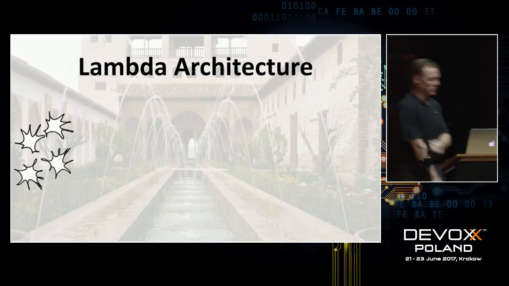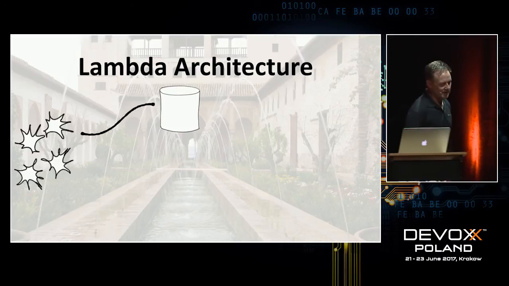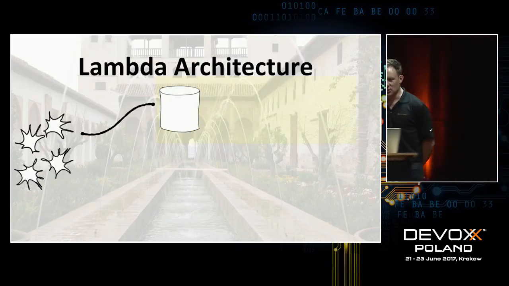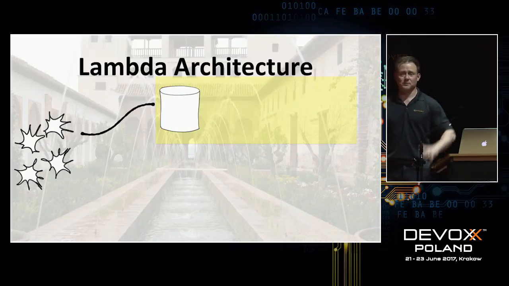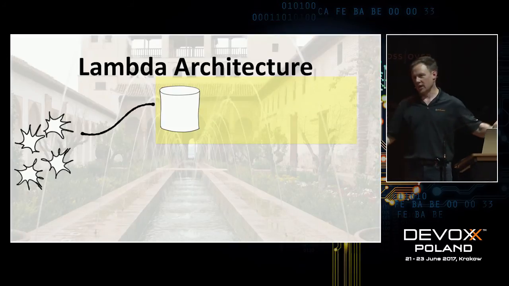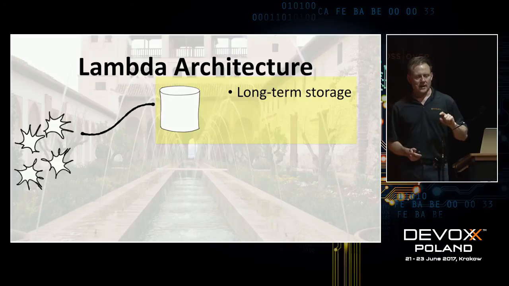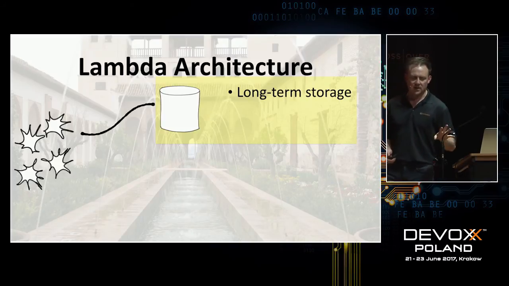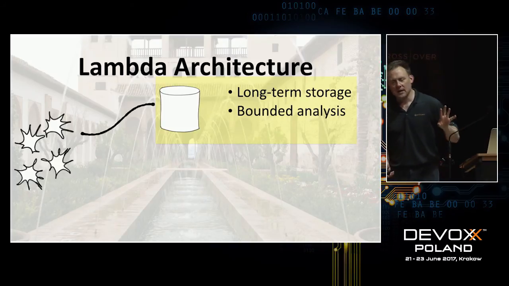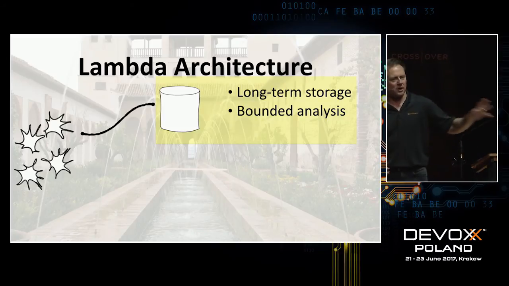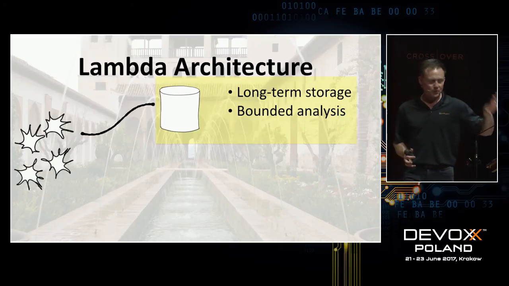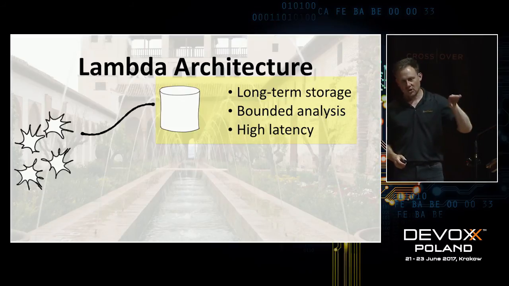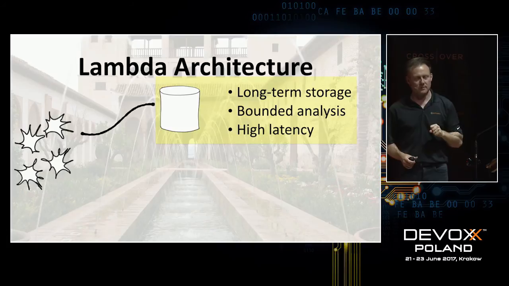So we've got these events in the world, and on the one hand, we're going to write those events to a database. This is long-term storage, and we could say Cassandra, or we could say we're scaling a relational database somehow, but this is for our bounded analysis. We're going to have some batch framework, like Spark, and we'll do that batch analysis on that data at rest in that database with relatively high latency.